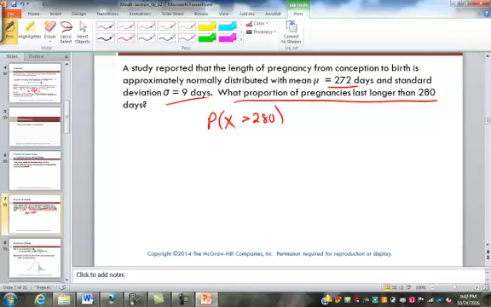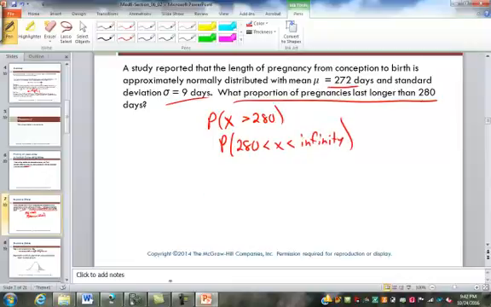Notice I'm using x here instead of z because this is an actual data value, not a z-score. I could find the z-score, and the PowerPoint here is going to go through finding the z-score in a second. But I can also just do this in the calculator. This is the probability of x being between 280 and positive infinity.